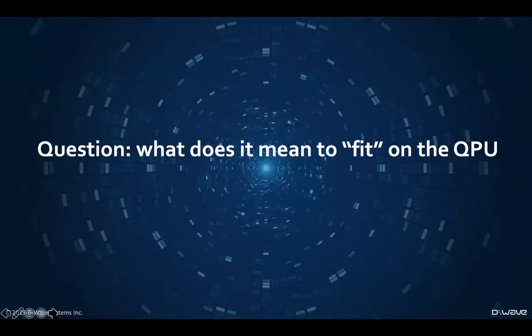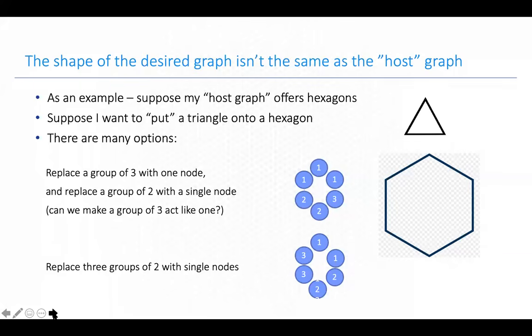In other words, you've got some graph that you want to run on the quantum computer, and what has to happen for that graph to be able to run on it? To introduce this subject, I'm going to first give an abstract notion of it, which isn't a D-Wave thing.